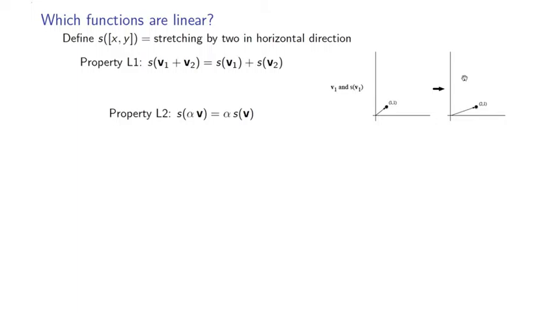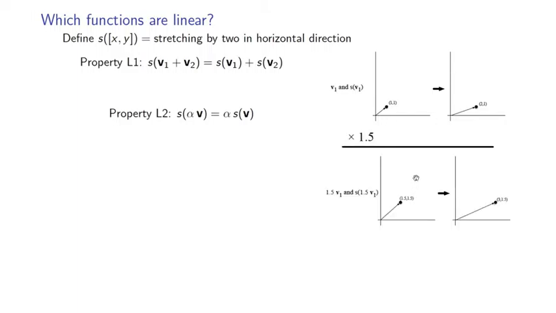We multiply v1 by a scalar, say 1.5, and this is what we get. This is 1.5 times v1. And the image of that under s is this, s(1.5 v1). But notice that that image is the same as taking the image s(v1) and scaling it by 1.5.